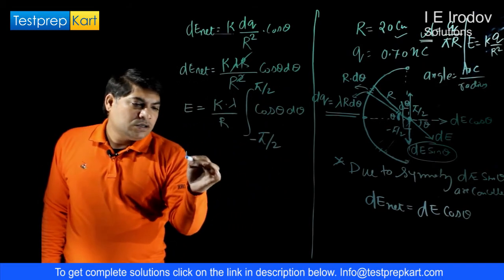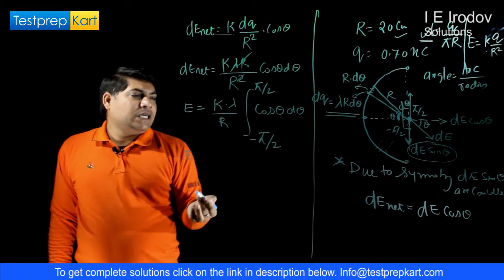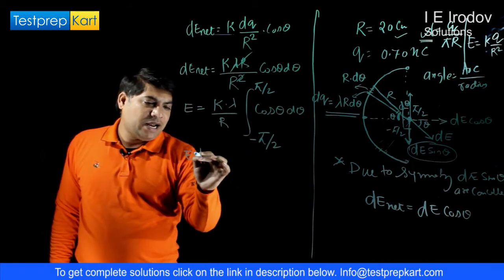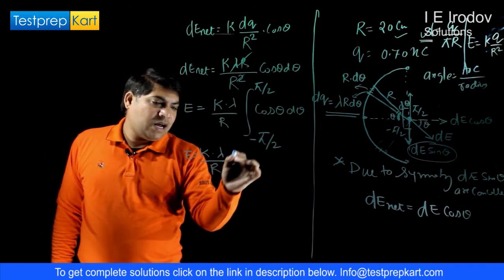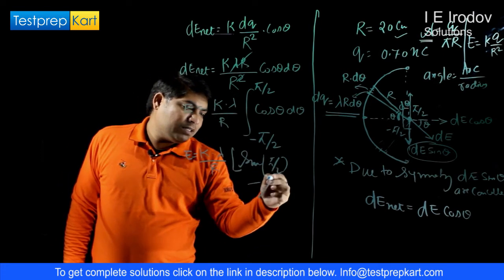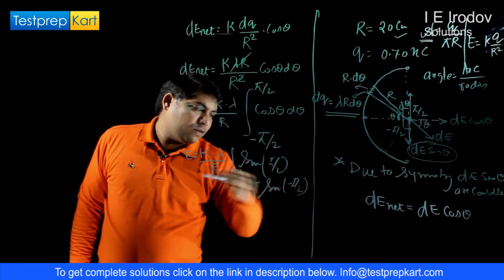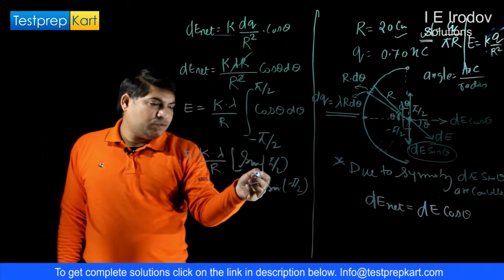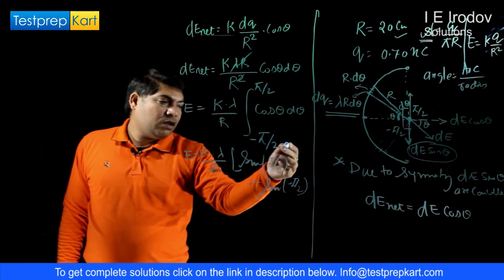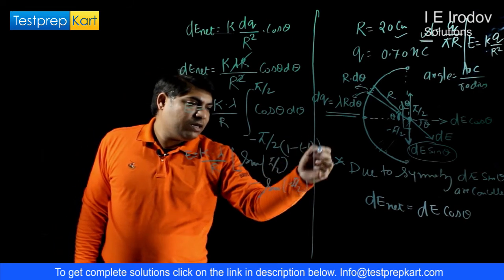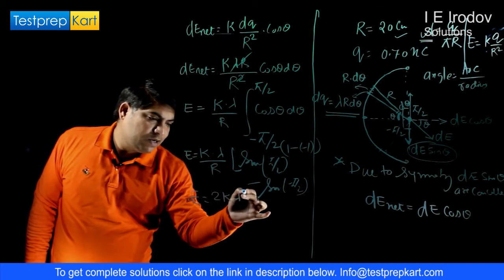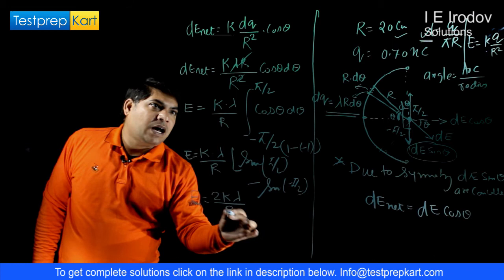The integration of cos theta is sin theta, so we get K lambda over R times sin pi by 2 minus sin of minus pi by 2. Sin pi by 2 is 1, sin of minus pi by 2 is minus 1, so 1 minus minus 1 is equal to 2. So we get the electric field 2K lambda over R.